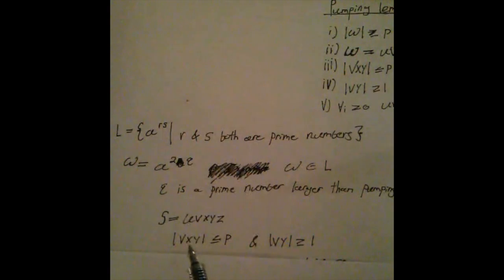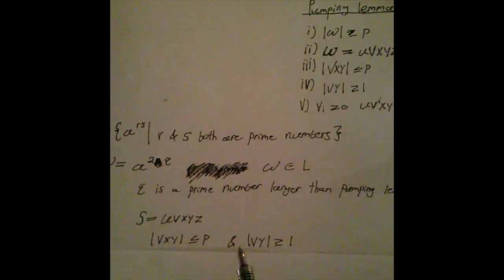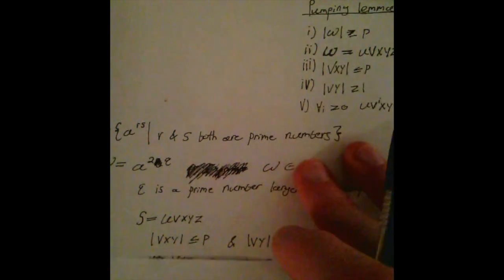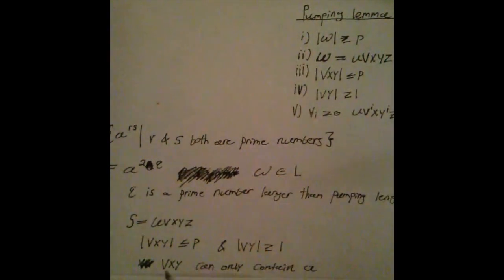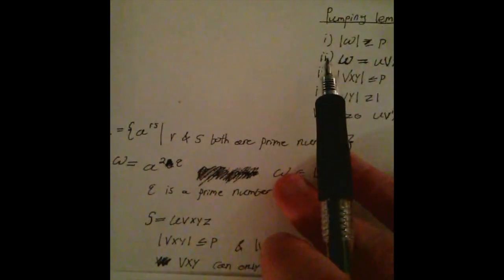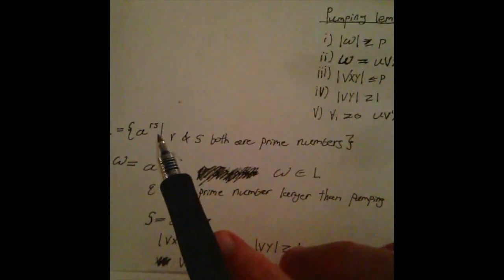Where, because of our pumping lemma prerequisites, the magnitude of vxy is less than or equal to the pumping length p, and the magnitude of vy alone is greater than or equal to 1. This is trivial, but vxy can only contain a's because our string is only made up of a's.